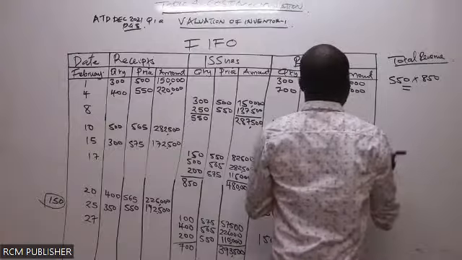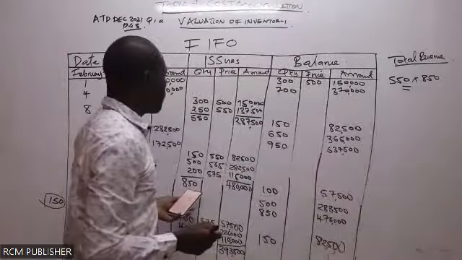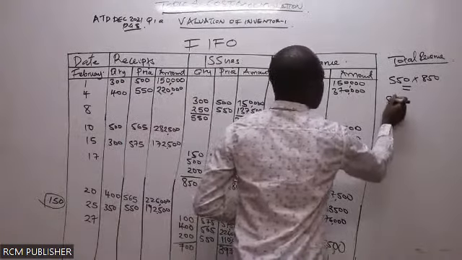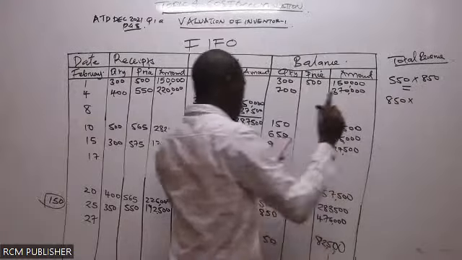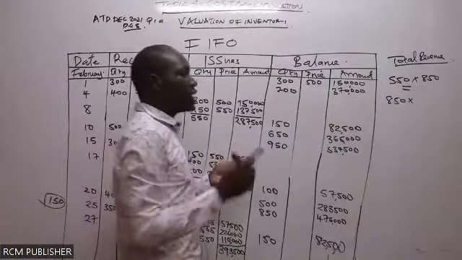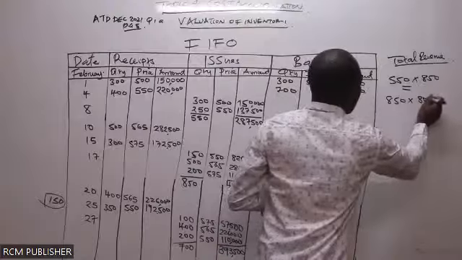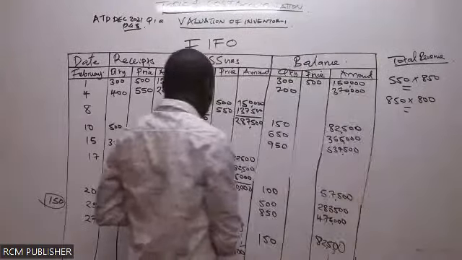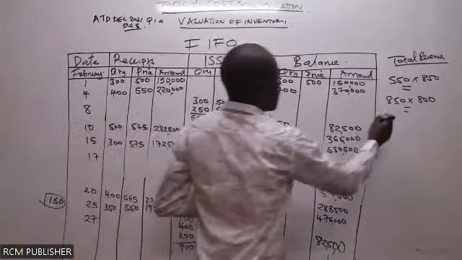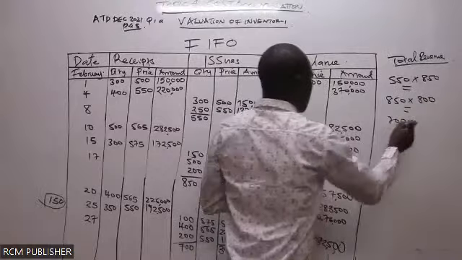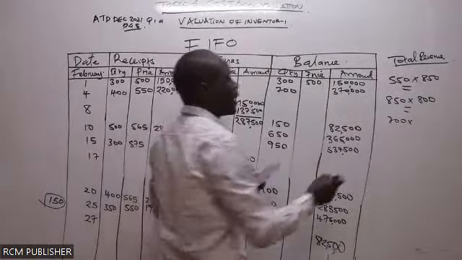We get it. Then another batch of 850 units were issued at what price? At 800. Then the last batch here is 700 being issued at what price? At 825.